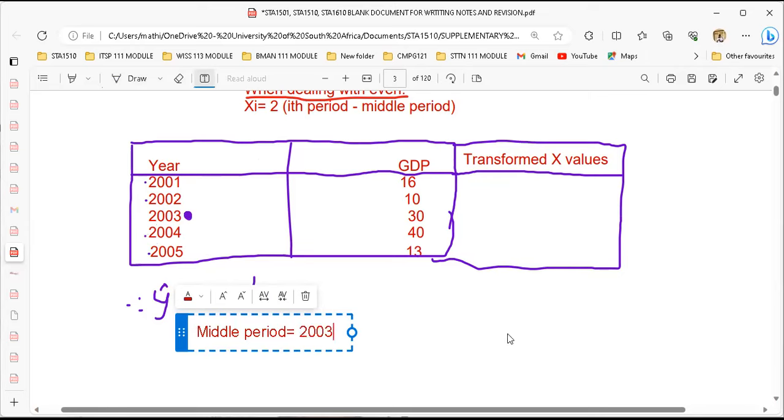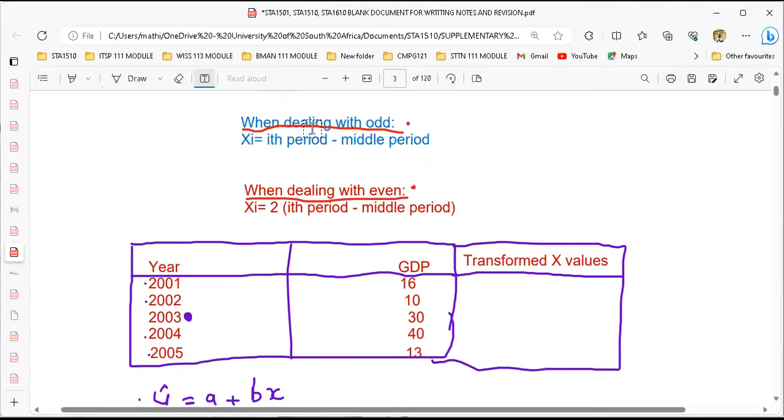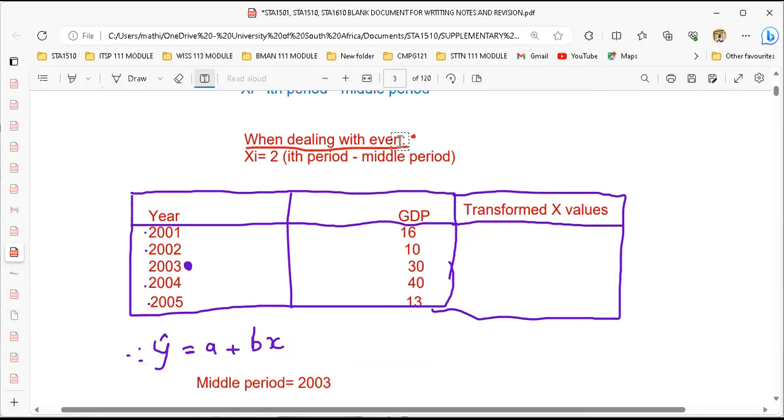Since the middle period is 2003, I can see that I'm dealing with an odd number of periods. Meaning, to find the transformed x values, I take the ith period minus the middle period. The ith period in this case is 2001, 2002, and so on.